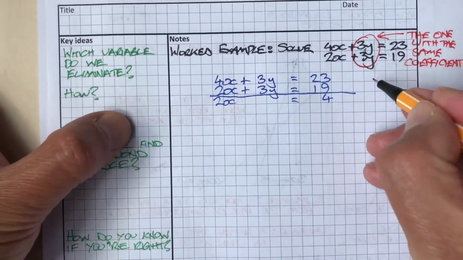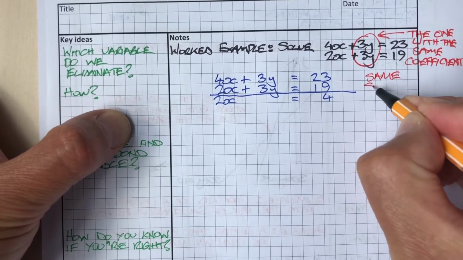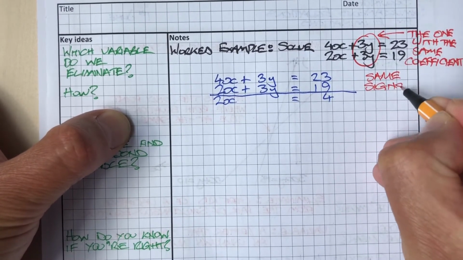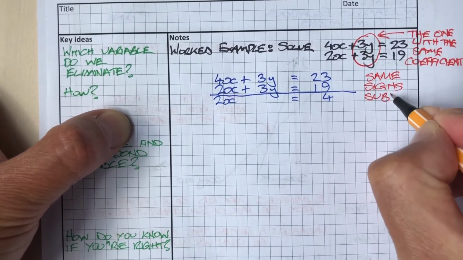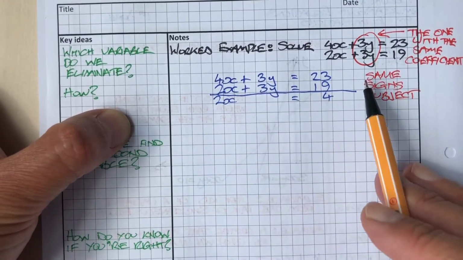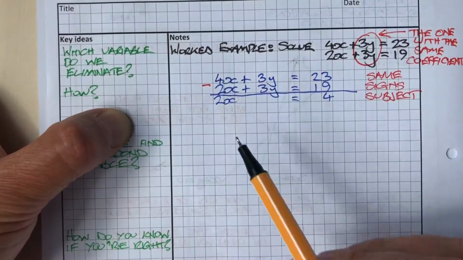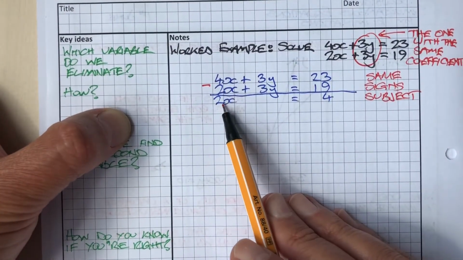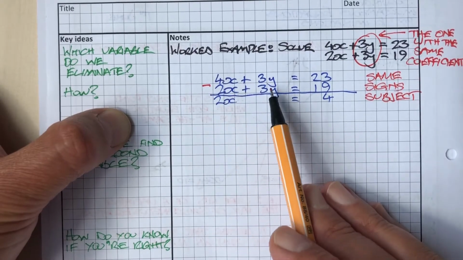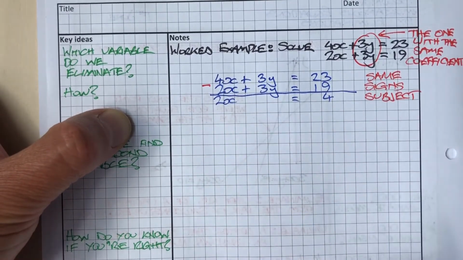So what I'm doing then is I'm getting rid of y. How? I'm going to notice that where y has got the same letter, same number and sign in front of it, I'm going to do same signs, subtract. So what I'm doing is 4x take away 2x is 2x, 3y take away 3y is nothing, not write anything, 23 take away 19 is 4.